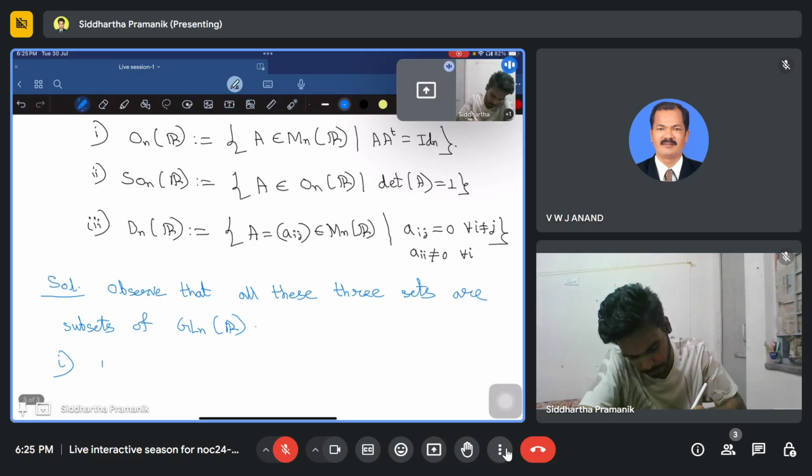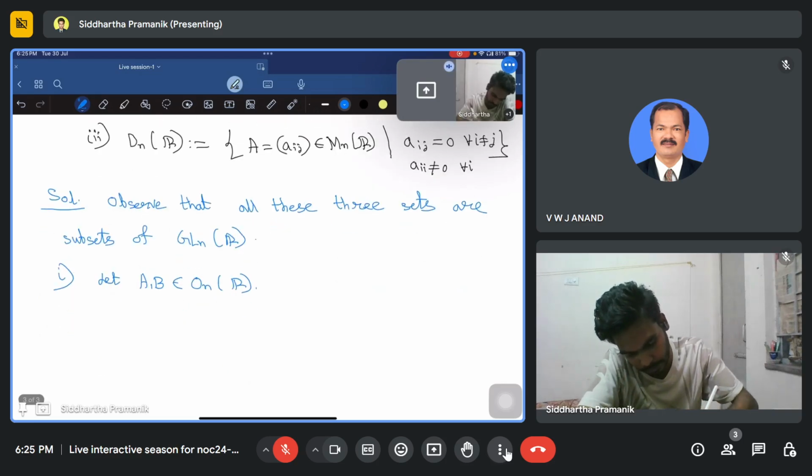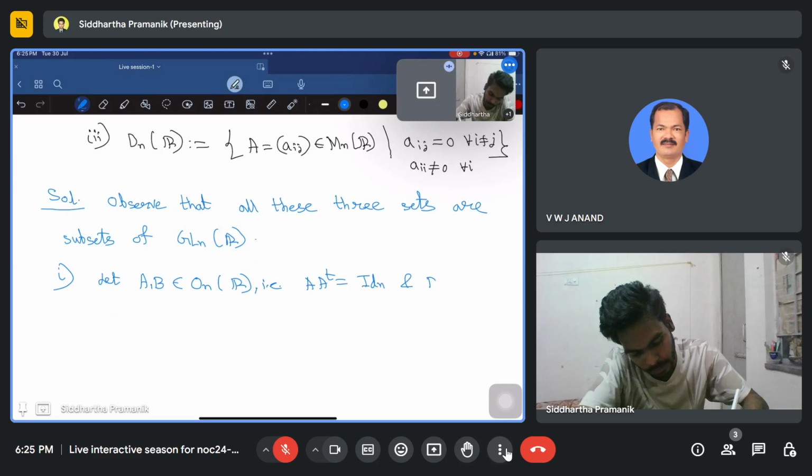So let A and B be two elements of O(n, R). That means A A transpose is identity and B B transpose is equal to identity.